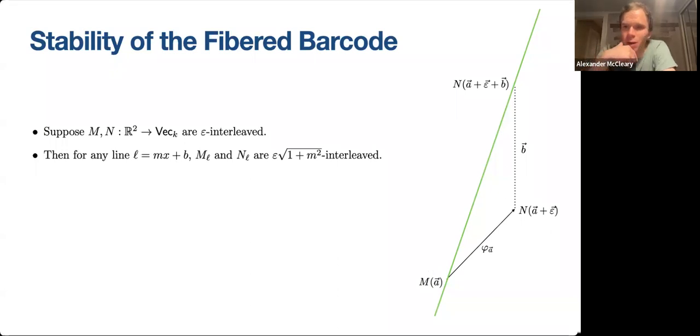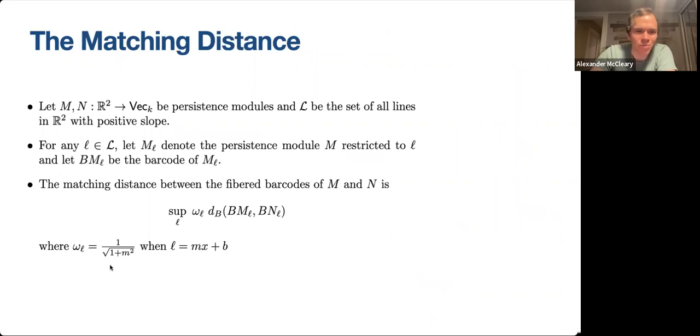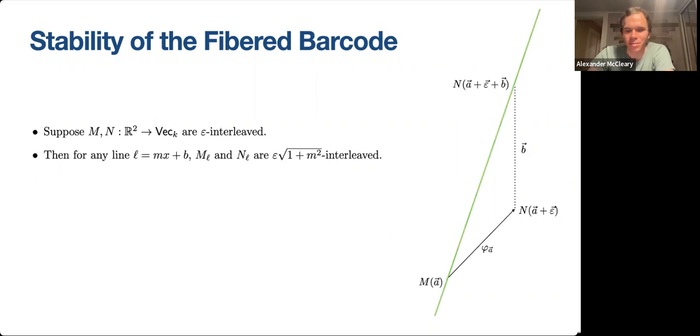And now it just becomes like a high school geometry problem of figuring out what is the distance between A and A plus epsilon plus B. And if we figure that out, we actually get that it is epsilon times the square root of 1 plus M squared, which is exactly the weight that we're dividing by here.